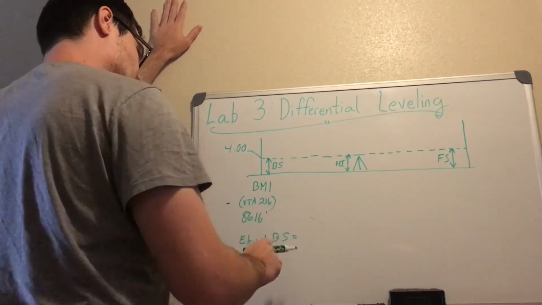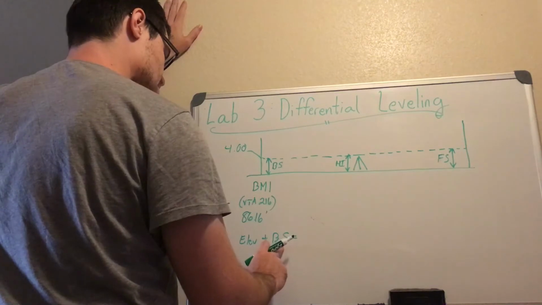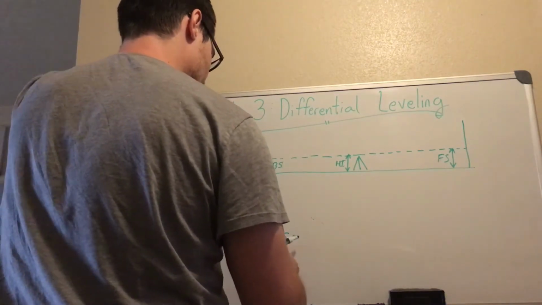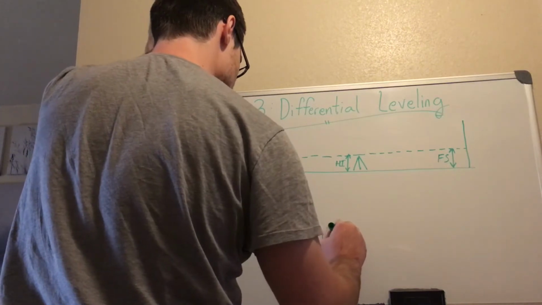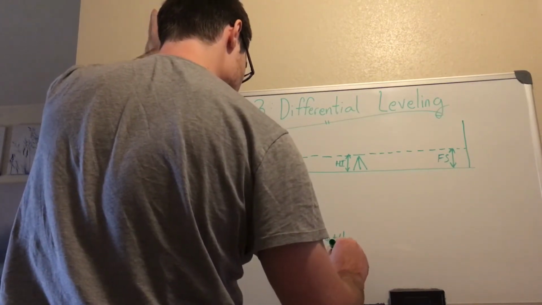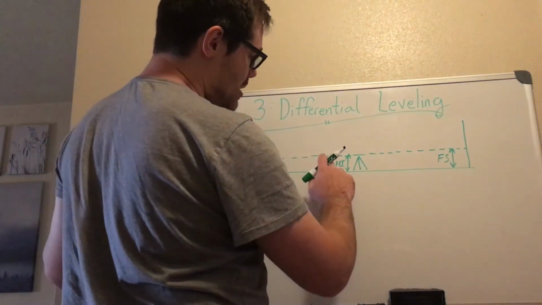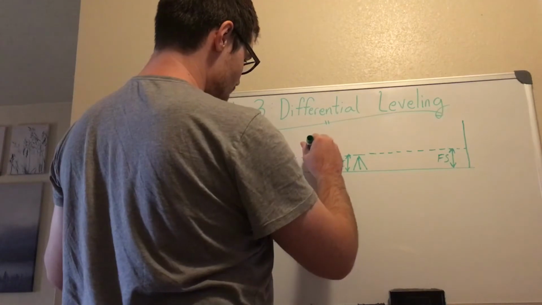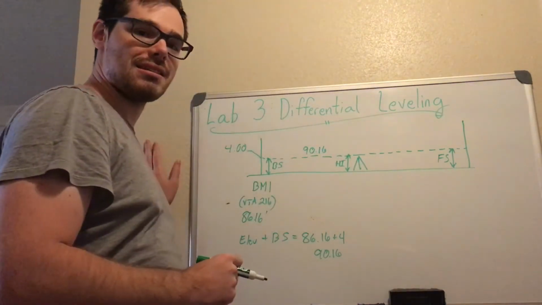Okay? So if we take elevation plus the backsight, then we're going to get 86.16 plus 4, which gives us 90.16. So now we know that this dashed line is at an elevation of 90.16.